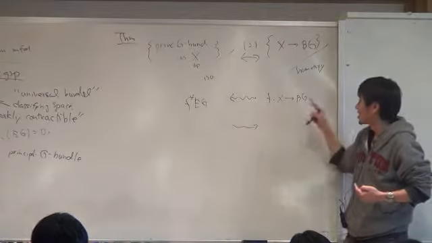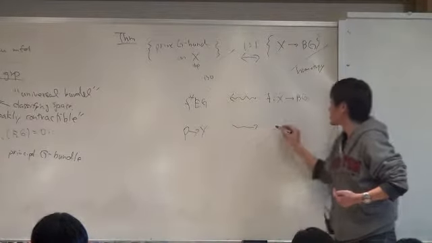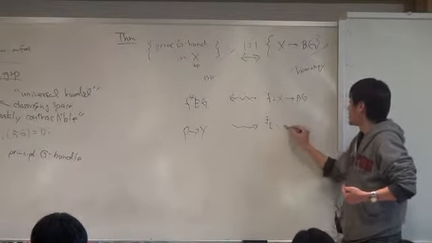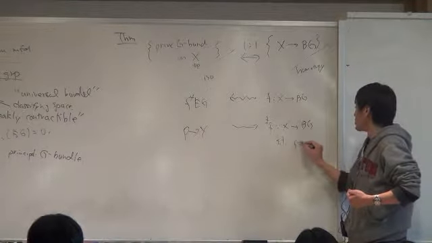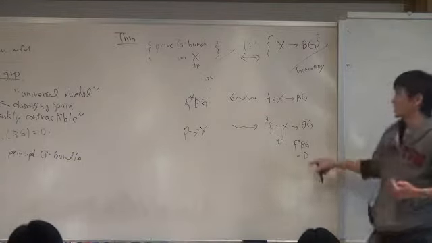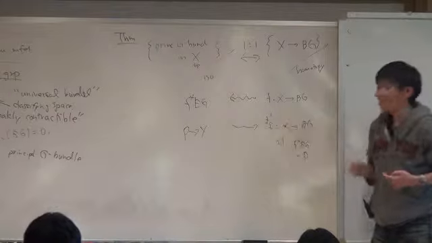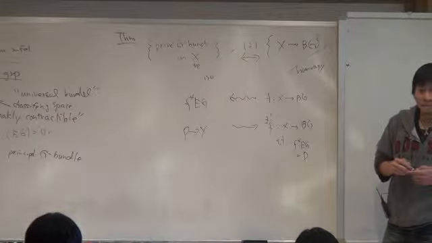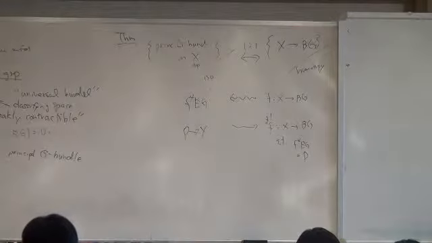For any principal G bundle, you need to construct a map such that the pullback of EG is the given principal G bundle. And then you have to show that it's unique up to homotopy.